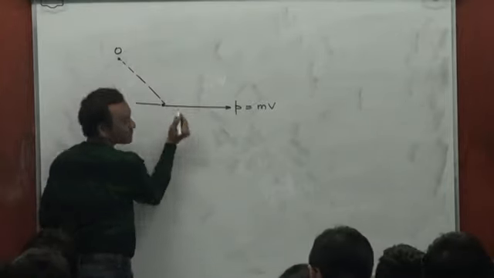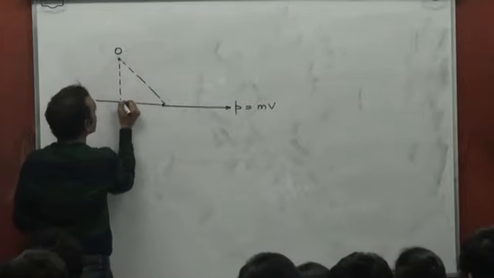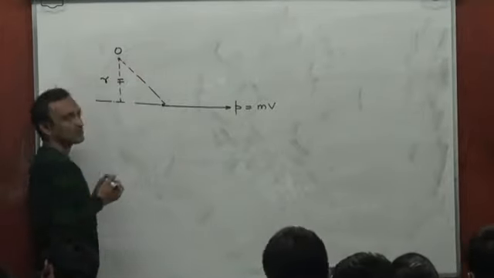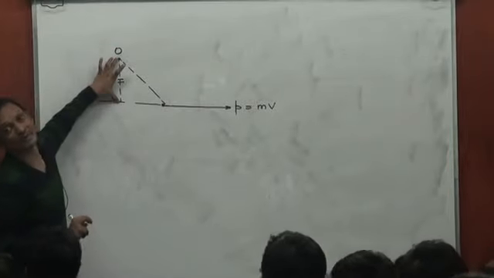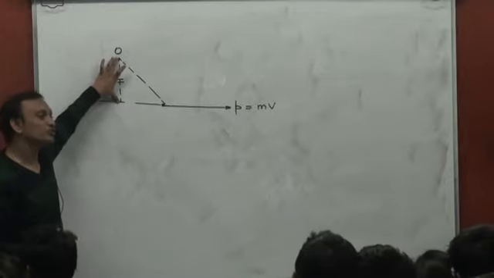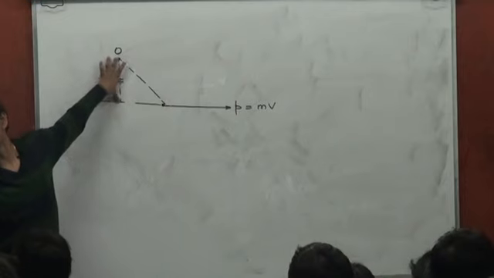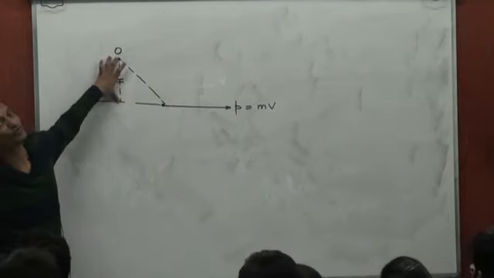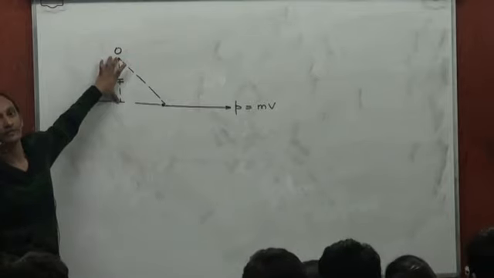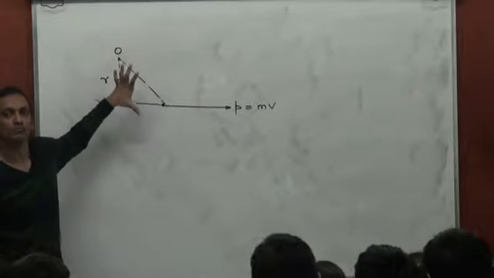This was the line of action of the linear momentum. This is R. When it was forces, we called it the moment arm. Now we'll call it the angular momentum arm.